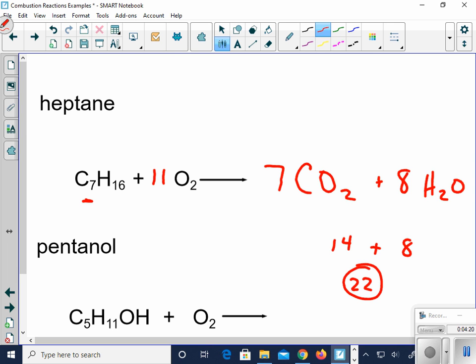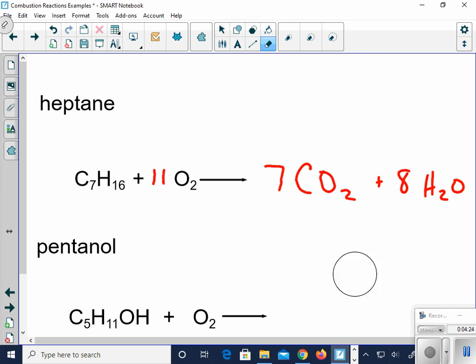Absolutely. 11 times 2 is 22. So when I clean that thing up and step back, I have a balanced combustion reaction. Not terribly tough.